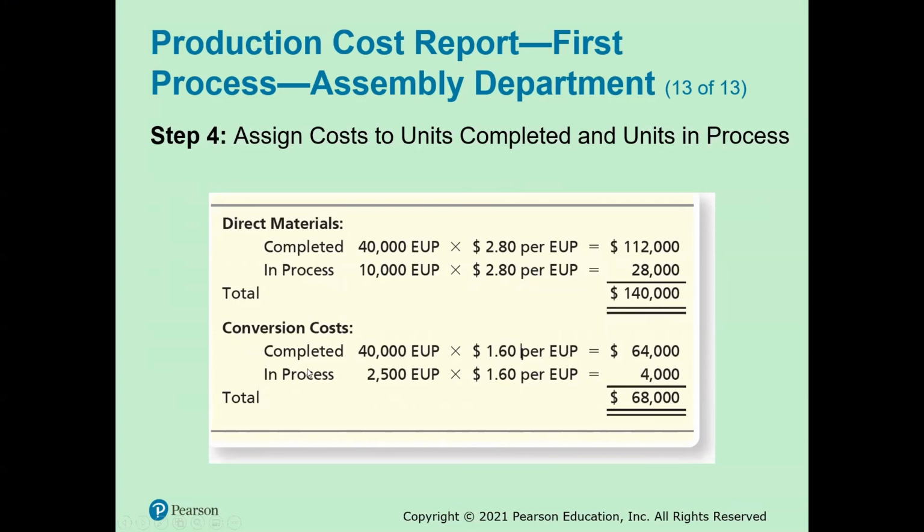Conversion costs, you have the completed 40,000 EUP times $1.60 per EUP, which is $64,000. And in process, 2,500 EUP times $1.60 is equal to your $4,000. The total is $68,000.